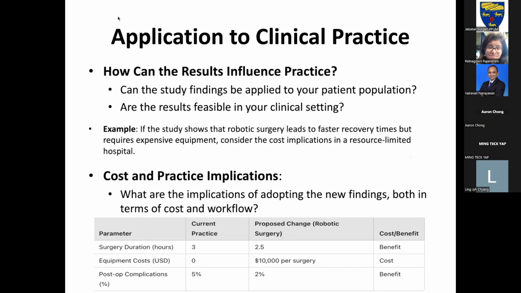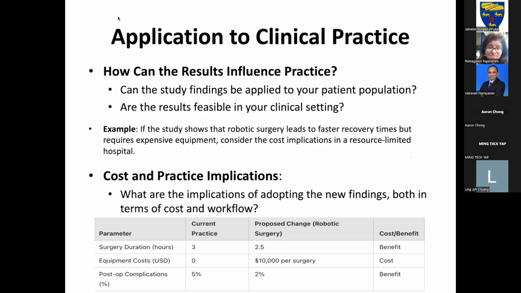You also want to look at the cost and practice implications. What are the implications of adopting new findings? You want to know it in terms of cost, the workflow. You want to know, for example, down here, we are talking about the proposed change to robotic surgery from laparoscopic surgery. So you can see that the current practice with laparoscopic surgery duration is 3 hours, but with robotic surgery, it goes down to 2.5, or maybe goes up to 5. So if it goes down, then it's a benefit.